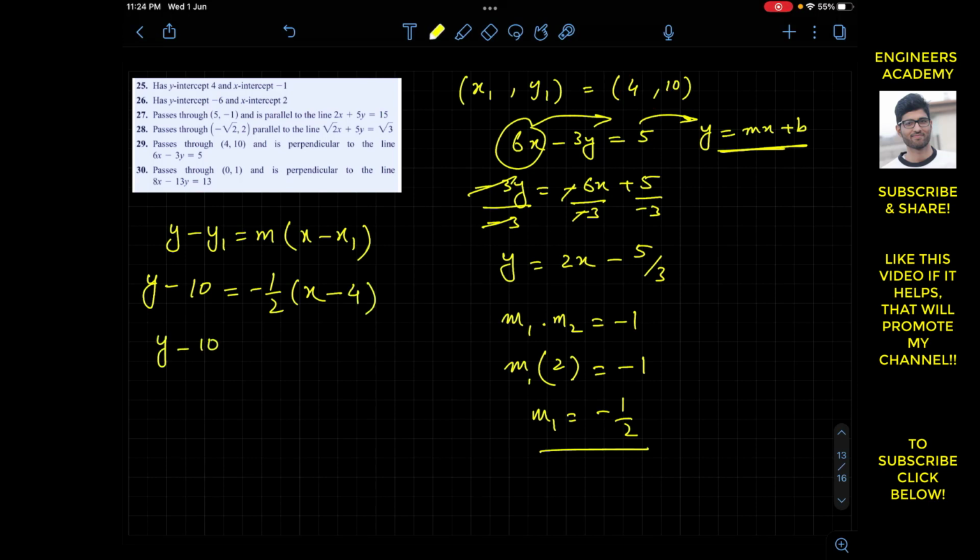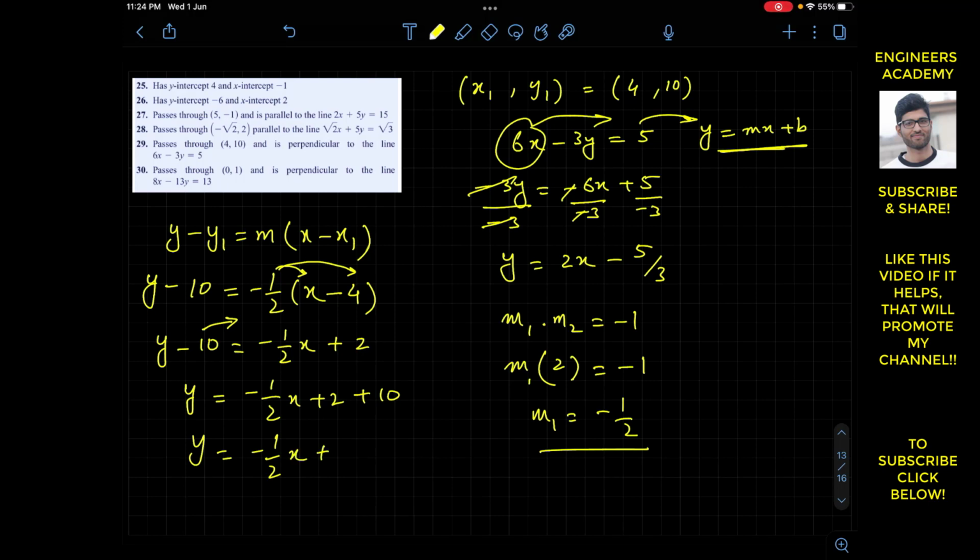If we multiply this inside, we will have minus 1 divided by 2 x, and minus into minus is plus, and 1 divided by 2 into 4 is 2. So this is y equals minus 1 divided by 2 x plus 2, and we need to add 10 to both sides of the equation. So this is y equals minus 1 divided by 2 x, and this will give us plus 12. So this is the equation of the straight line which passes through this given point and is perpendicular to this given line.